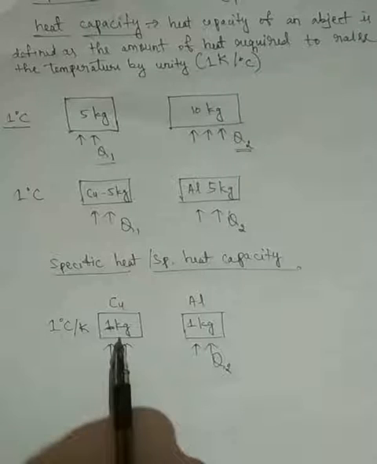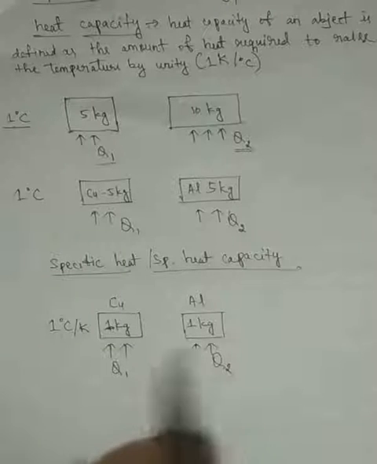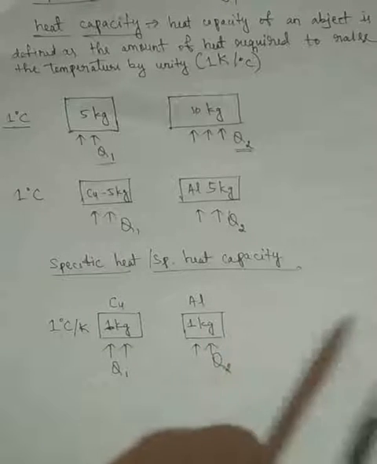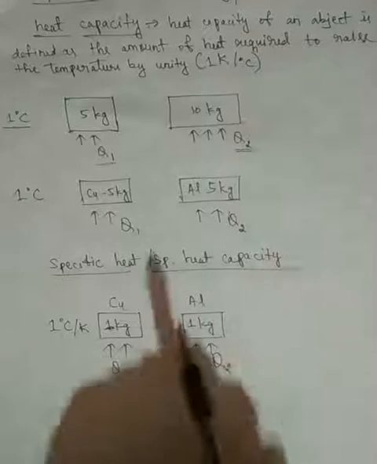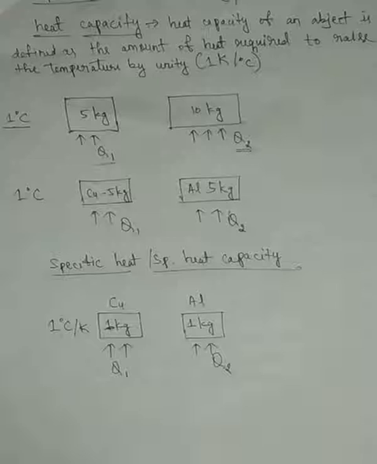This is known as specific heat. This is helpful in choosing materials based on their application. For cooling purposes and all, we can use different materials based on their specific heat.